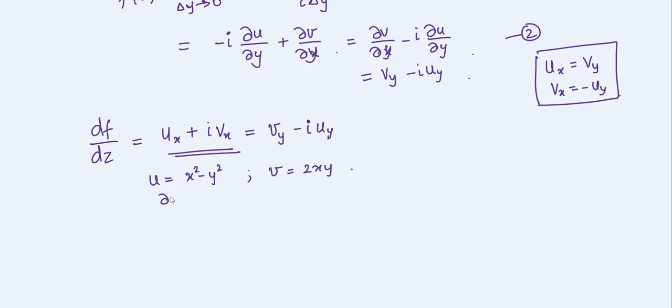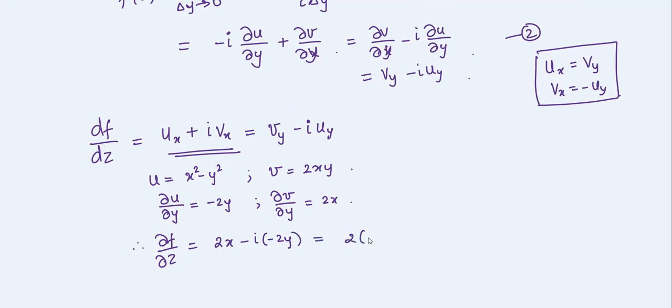So the derivative of u with respect to y is minus 2y. Derivative of v with respect to y is 2x. Therefore, df by dz is 2x minus I times minus 2y.